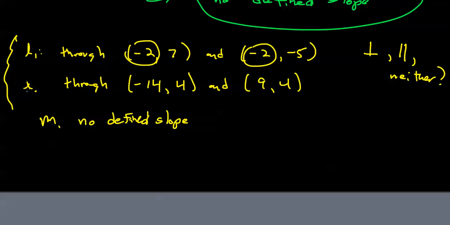Alright, L2. Well, again, I'm hoping you'll notice the y-coordinates are the same here. Y equals constant, horizontal line, and horizontal lines have 0 slope.